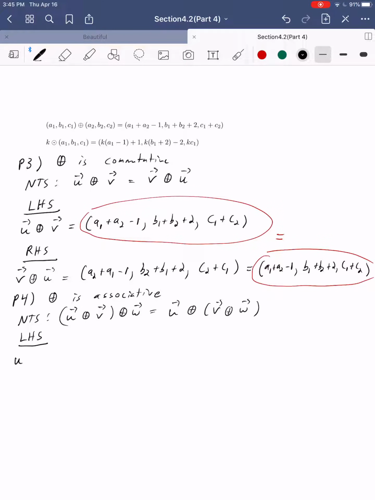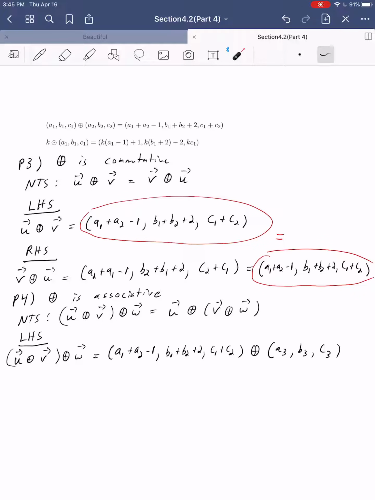Left-hand side, u plus v plus w. What is that going to look like? Well, that's going to be a1 plus a2 minus 1, b1 plus b2 plus 2, c1 plus c2. That's going to be this piece here, and then we're going to be adding that to w, which is going to be a3, b3, c3.